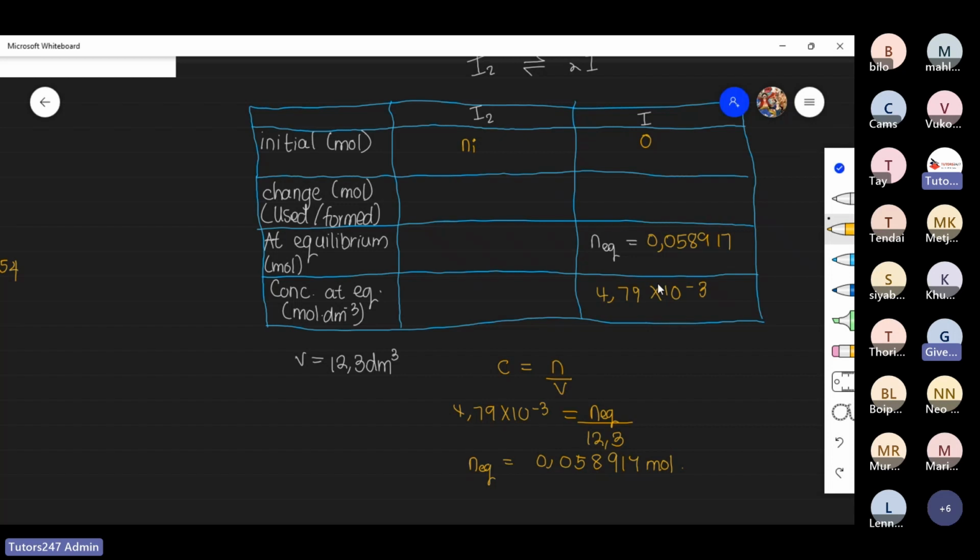That is our number of moles at equilibrium. Now, we can then fill in this value next because we know how many moles was formed from 0. If we initially started with 0 and then at equilibrium we ended up with 0.058917, how many moles of iodine atoms were formed? It's 0.058917.